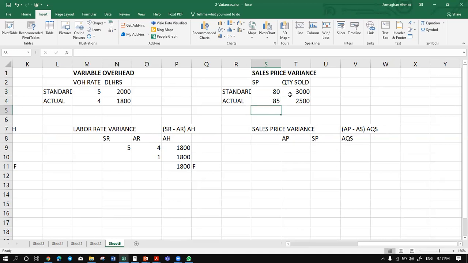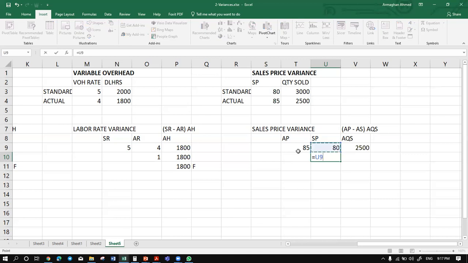So how much will our sales price variance be? How much is the actual price? 85. How much is the standard price? 80. How many actual quantities sold? 2500.